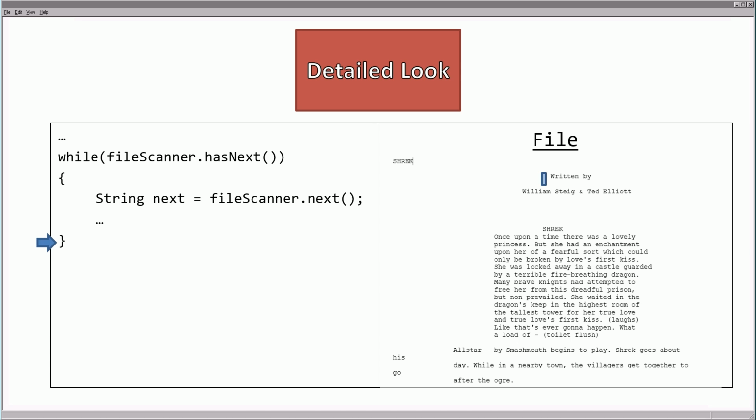In other words, it moves it past all of that space. Then we check this again. So we haven't reached the end of the file, and so as soon as we call next, it's going to scan through and capture that information and also store it in the variable next. Now once it's finished that, it moves the cursor forward. Always keep in mind, you read files left to right, top then bottom.